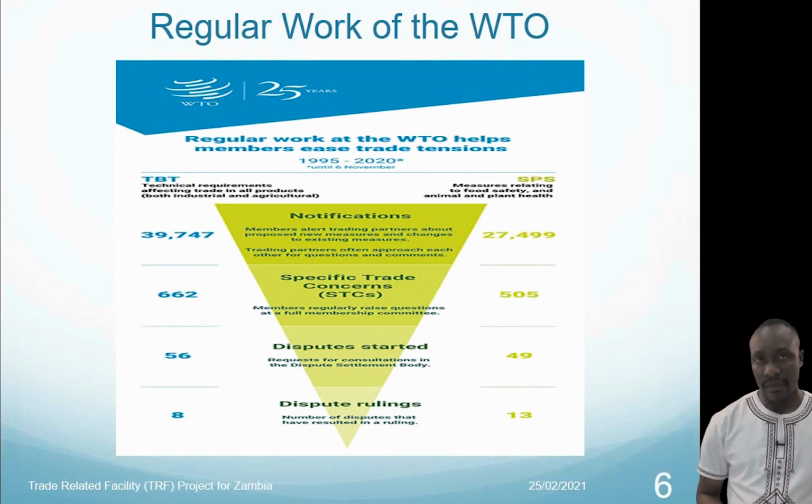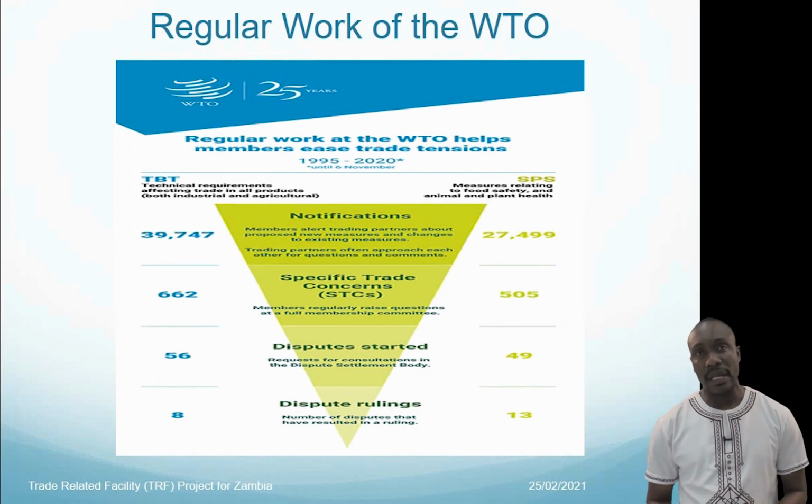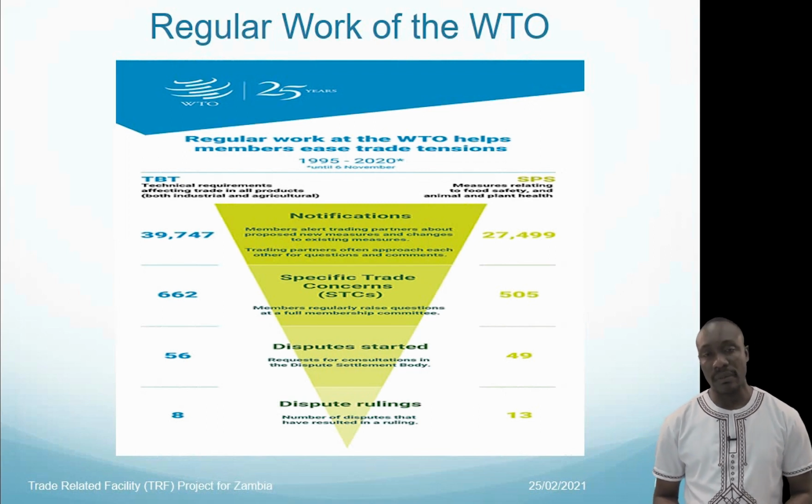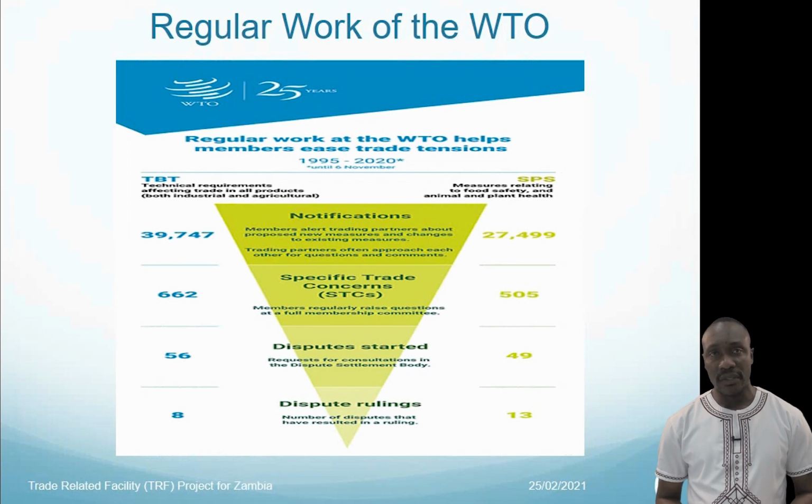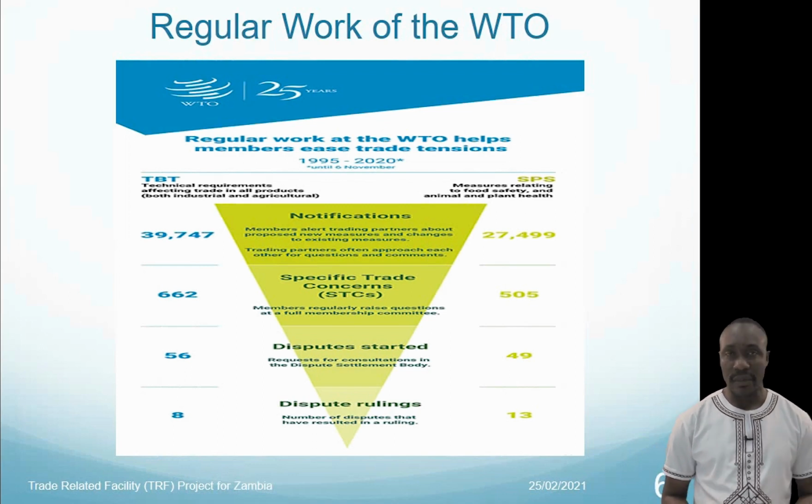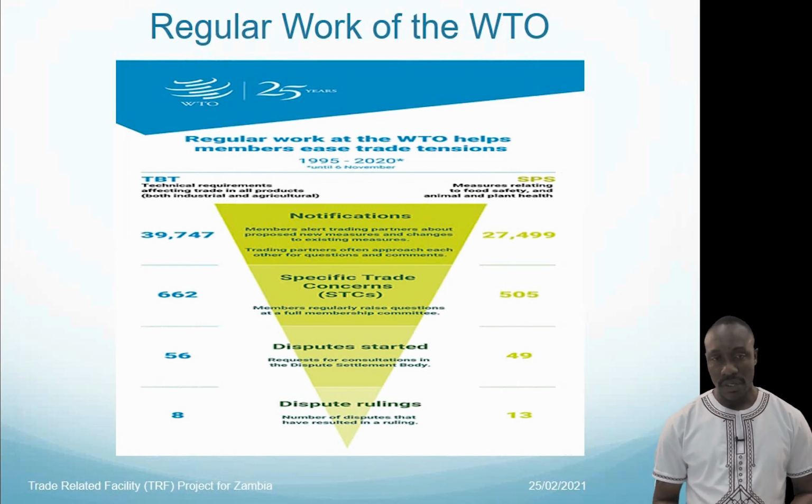It just gives you a rough idea of the work that has been done by the WTO. These statistics are from 1995 to 2020, somewhere in November 2020, so they're fairly new statistics.